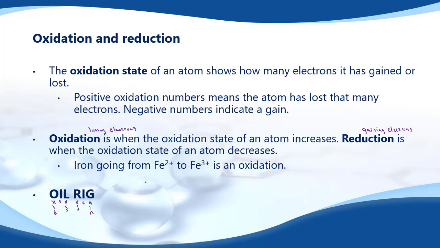Leo the lion says grr, right? So Leo says grr: loss of electron is oxidation, gain of electron is reduction. Either of these two mnemonics can help you figure out which way it is. Just use whichever one you'd like to use.